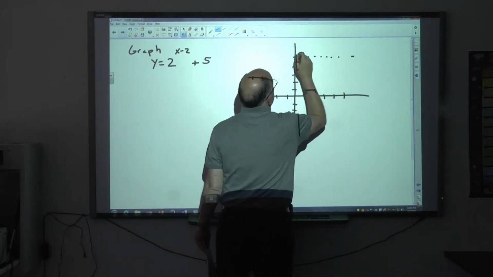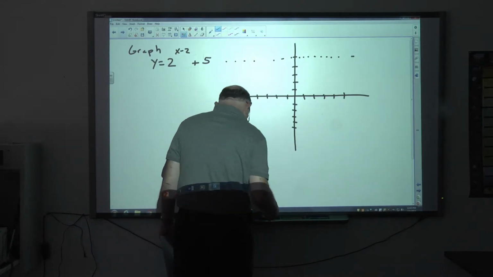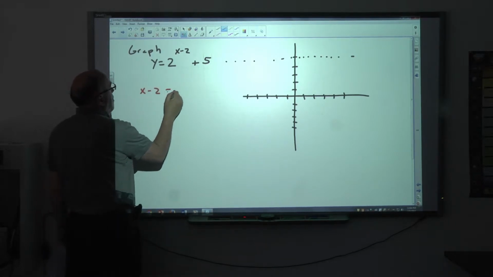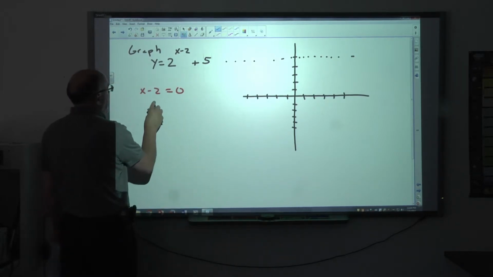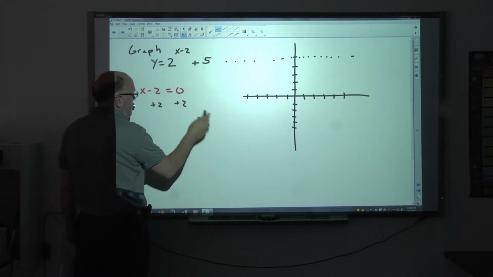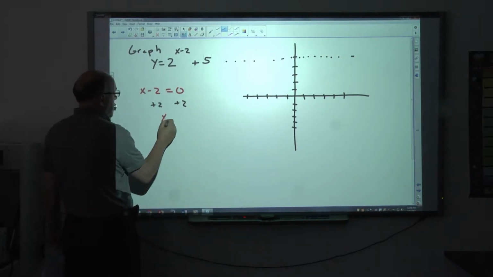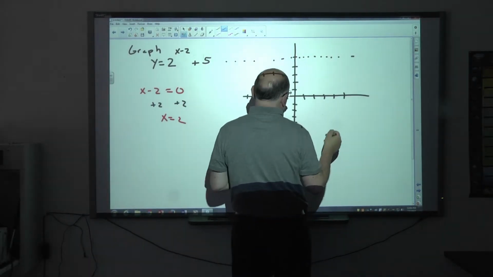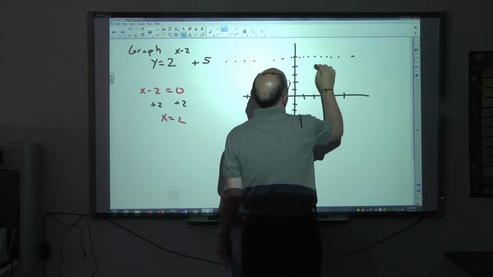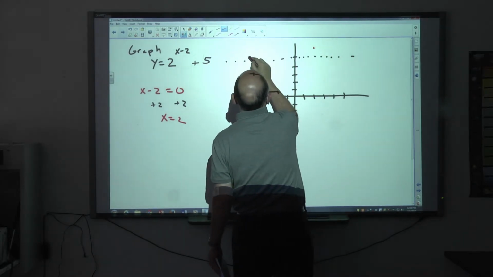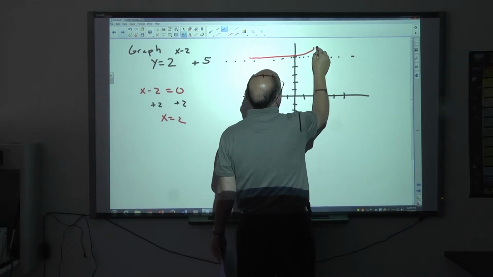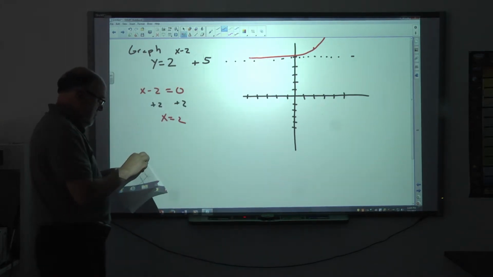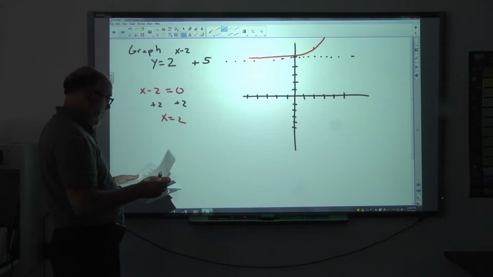So we're going to have it here. Okay. And then x minus 2 will equal 0 when x is 2. So when x is 2, we go up 1 unit. Right? So 2, 1. And so we're going to get a graph that looks something like that. Right? So we combine the two things together. Move it up and down.